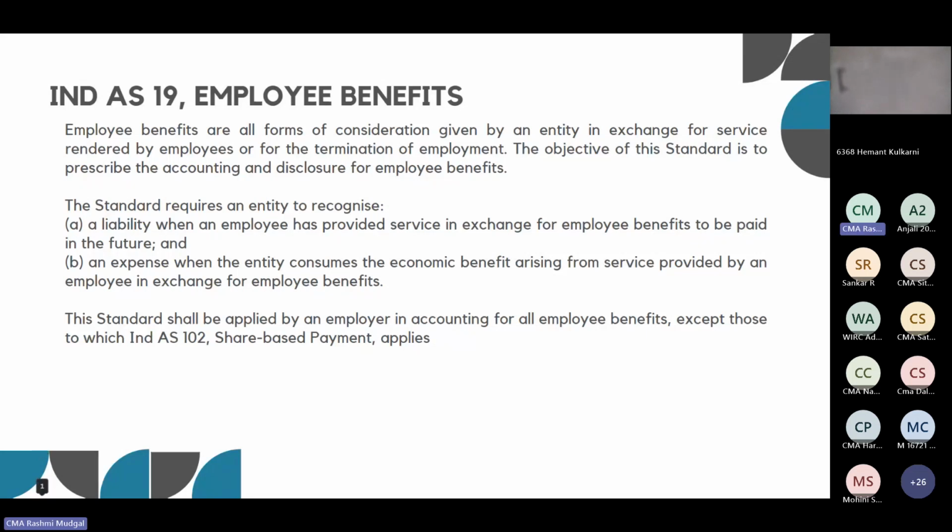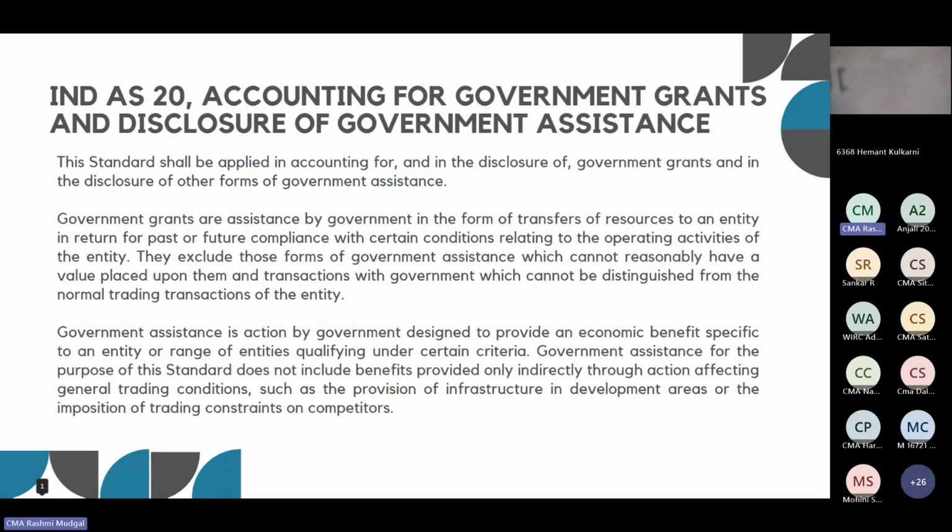Next comes AS 20, accounting for government grants and disclosure of government assistance. Here we can understand what government grants are. Government gives us grants for something, which obviously will come as an asset or as income.